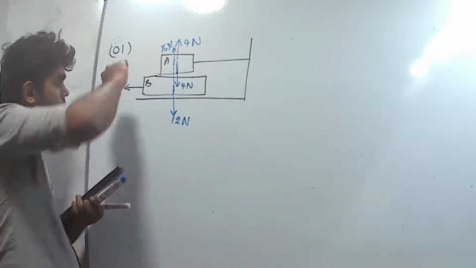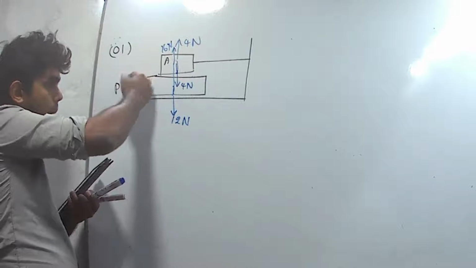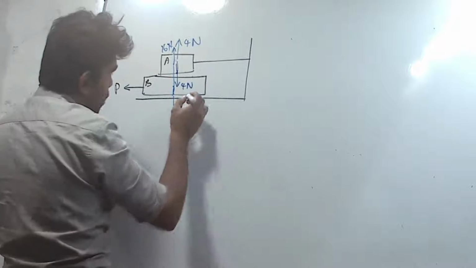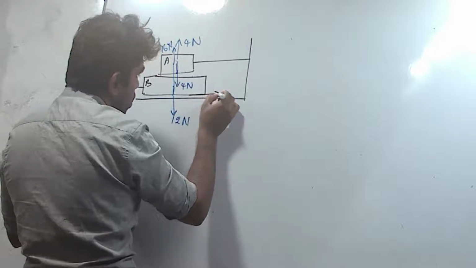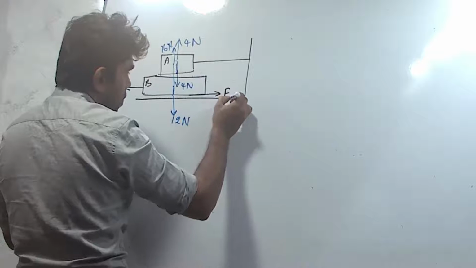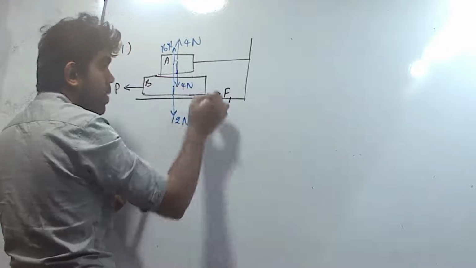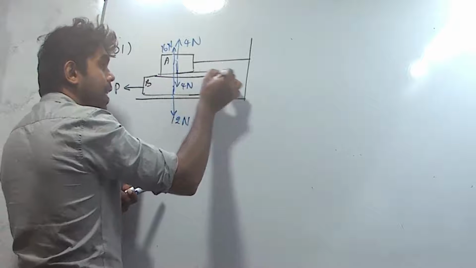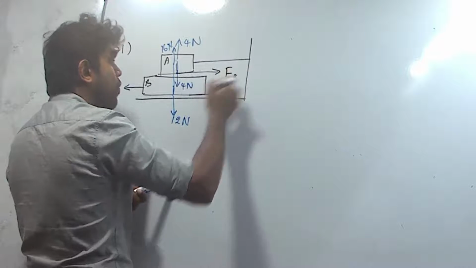Then when we are trying to move B to the left hand side, there is a frictional force to this side from the bottom surface. I will consider it as F1, and there is another frictional force, F2.